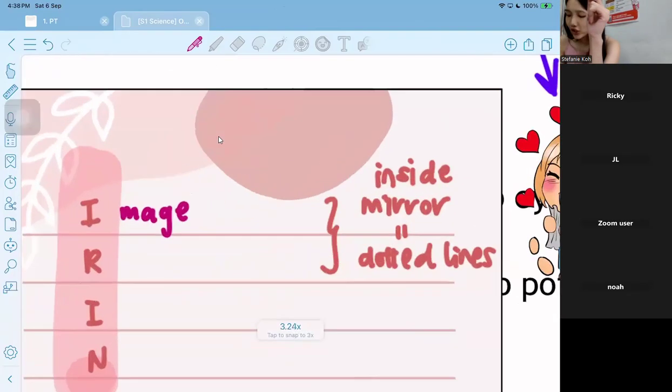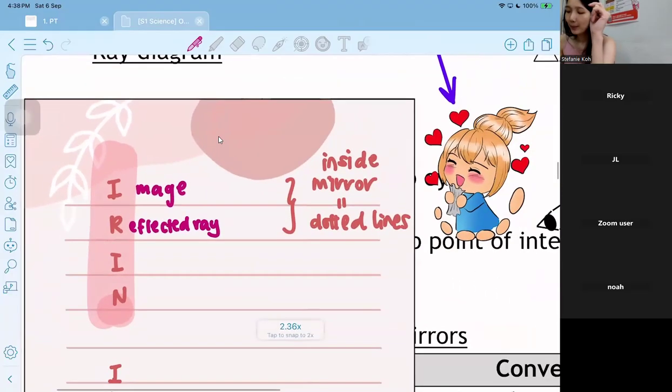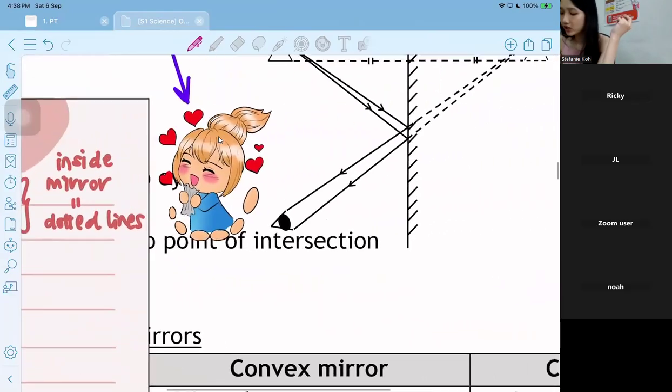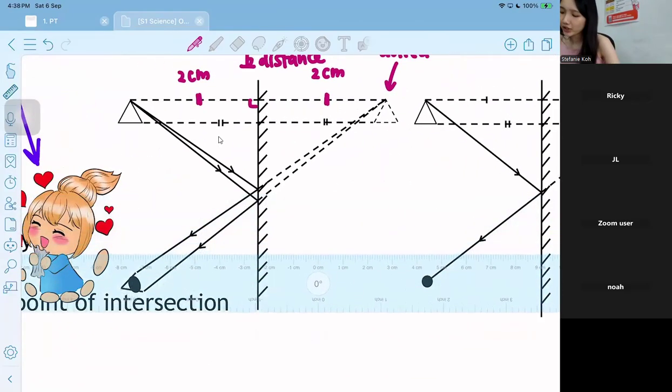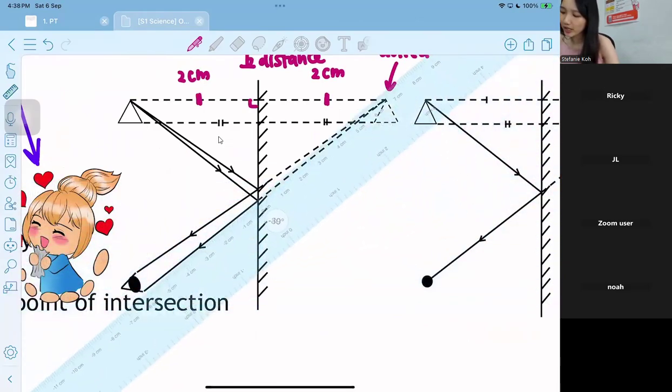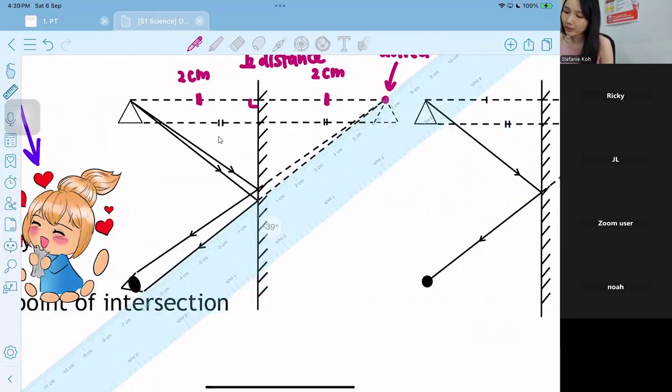Done with the image, you will start with your reflected ray, because that's what you see. You're looking at the image inside the mirror. So from the image, you just pick one point on the image and draw to the eye. You draw from here a dotted line inside the mirror. Once you come out of the mirror, it is a bold line.